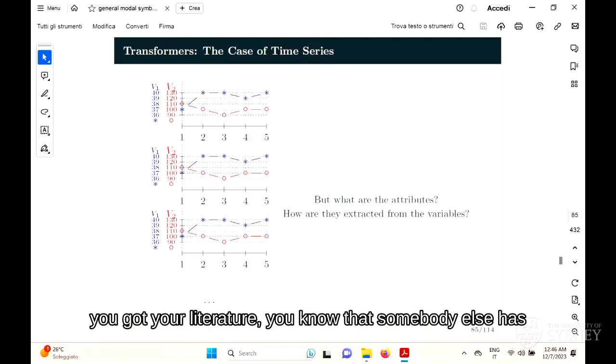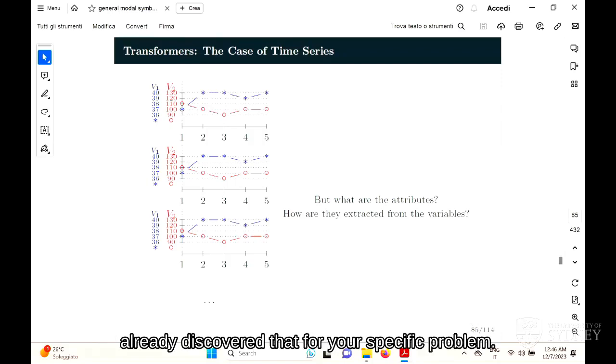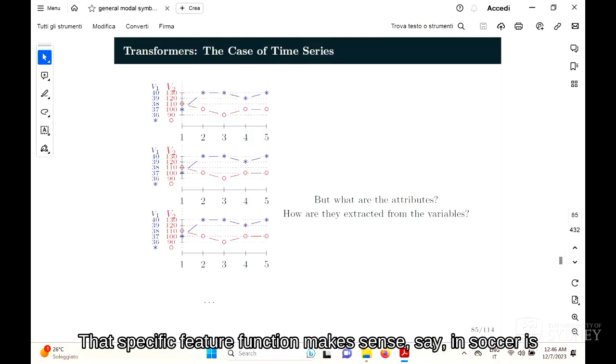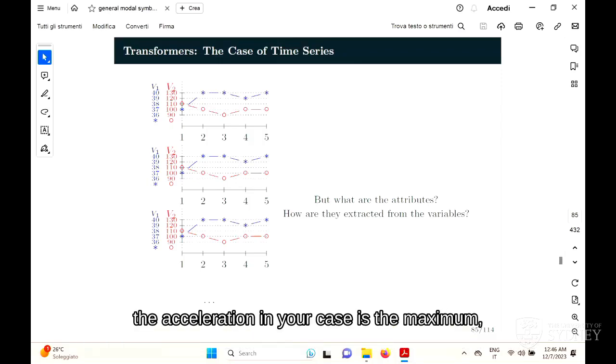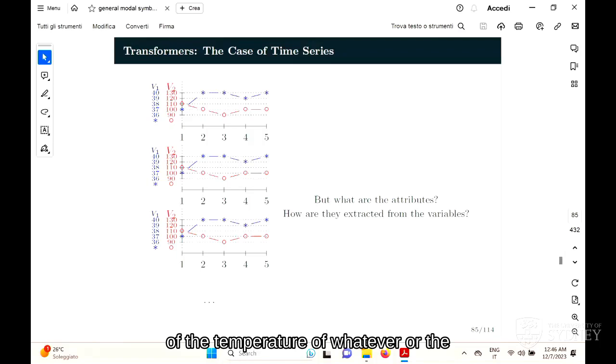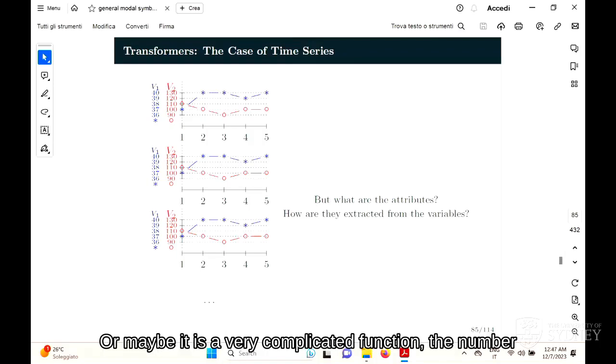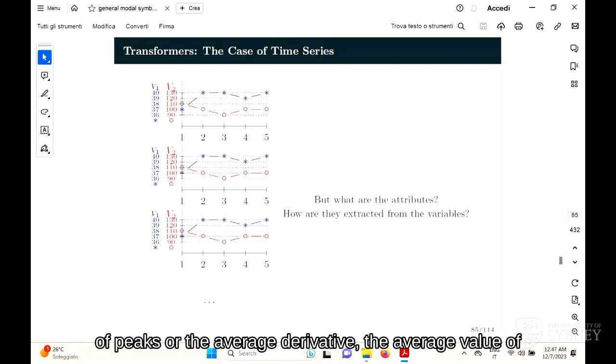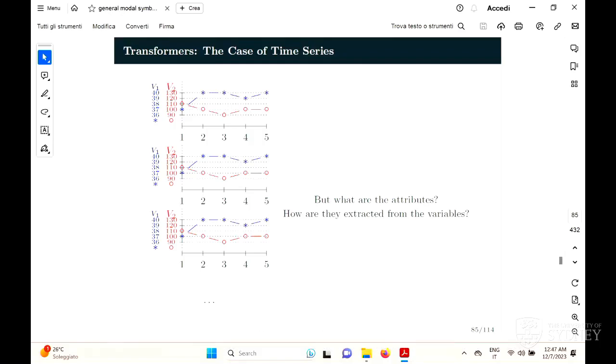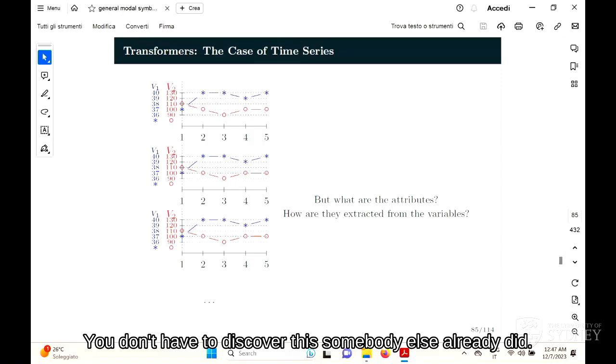Now, because you have your literature, you know that somebody else has already discovered that for your specific problem, a specific feature function makes sense. In soccer it is the acceleration. In your case, it is the maximum of the temperature, or the forces, or whatever. Or maybe it is a very complicated function, the number of peaks, or the average value of the discrete derivative. You don't have to discover this. Somebody else already did.